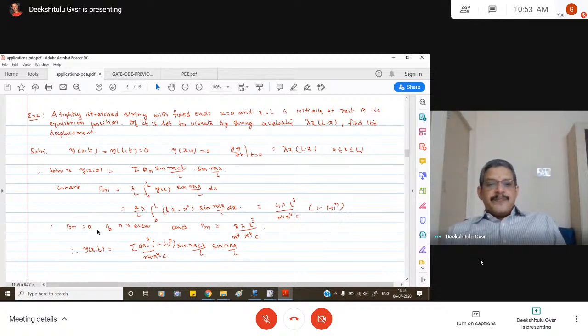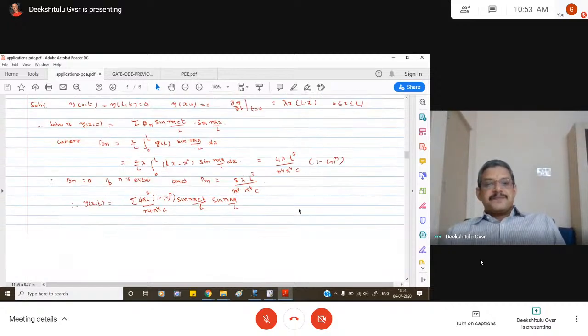So if you put this in y of (x,t), it is sigma 4 lambda L cube by n power 4 pi power 4 c, (1 minus (minus 1) power n) sin(n pi ct by L) into sin(n pi x by L). So this is the solution that we get after substituting this b_n in the given form.